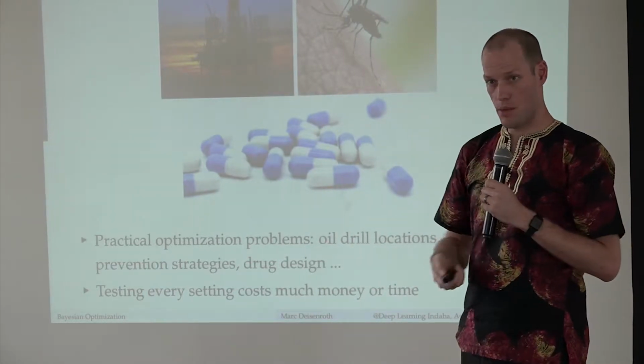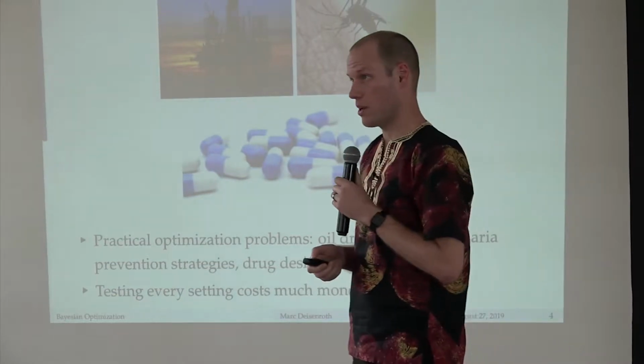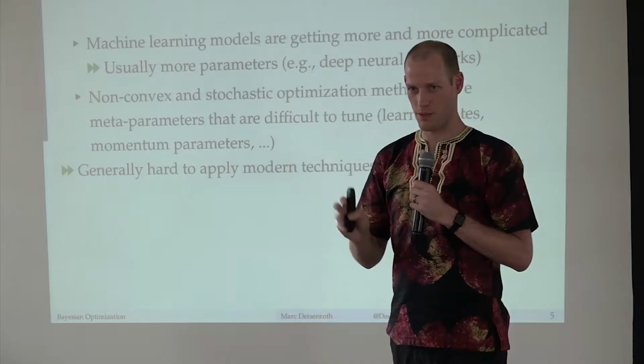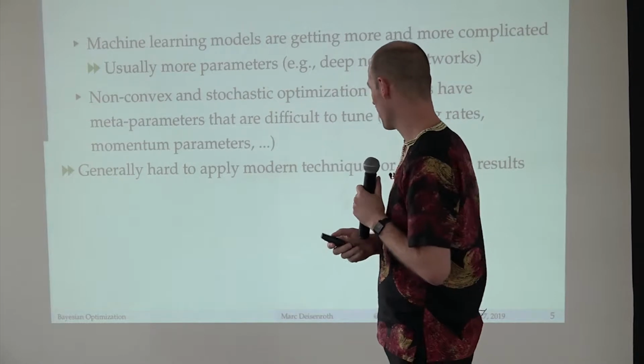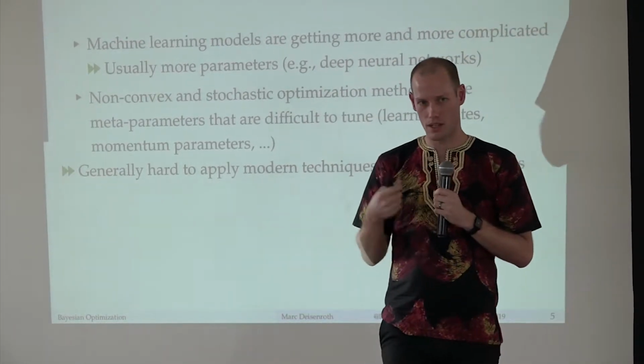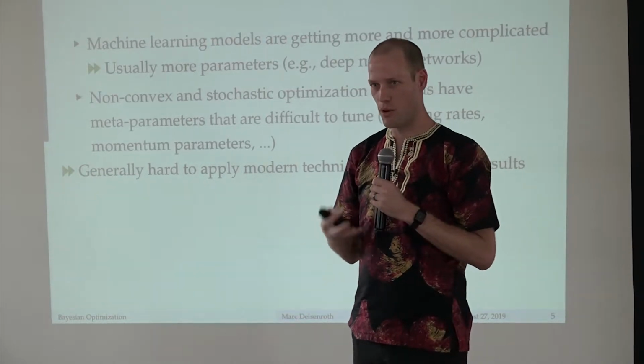But many other problems we have are in so-called machine learning meta challenges. I think most of you have done some deep learning, and you probably know what I'm talking about. Machine learning models are getting more and more complicated, and they have more and more hyperparameters that we need to tune.